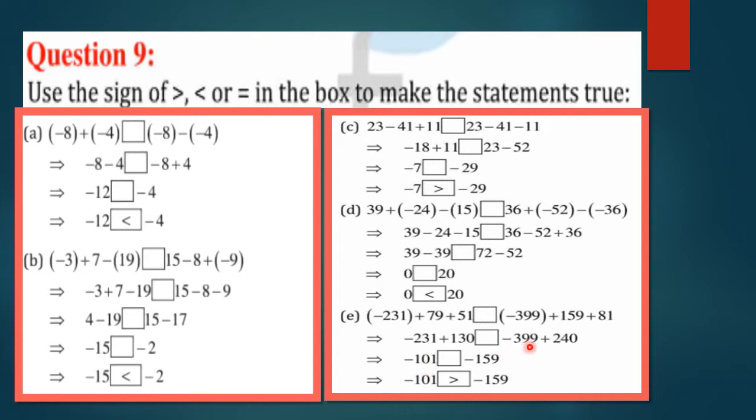Here minus 399 plus 240, subtract and put greater sign. So minus 159. So minus 101 and minus 159. So minus 101 is greater. If both are minus, smaller one will be greater. So minus 101 greater than minus 159. So in this box you have to put greater sign.